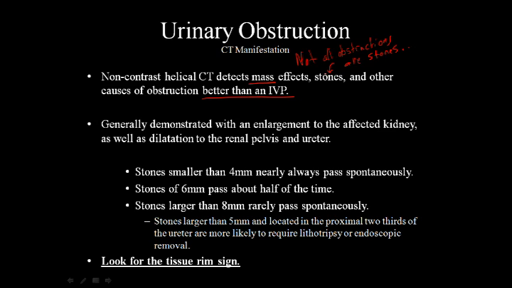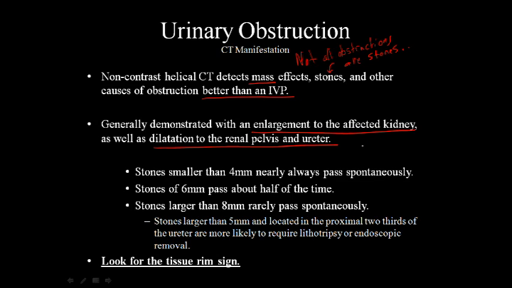Generally, it's demonstrated with an enlargement to the affected kidney, as well as dilatation to the renal pelvis and ureter. So you're going to see enlargement of the affected kidney and dilatation to the renal pelvis and ureter. So you're going to have the kidney get enlarged, and the renal pelvis and ureter kind of ballooning out too. So that's something to look for.